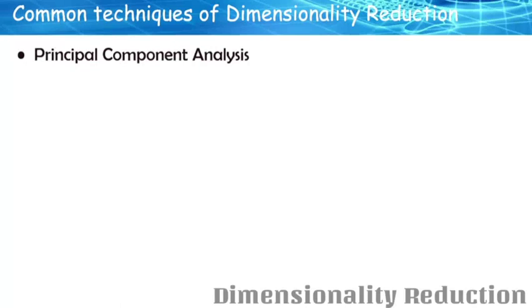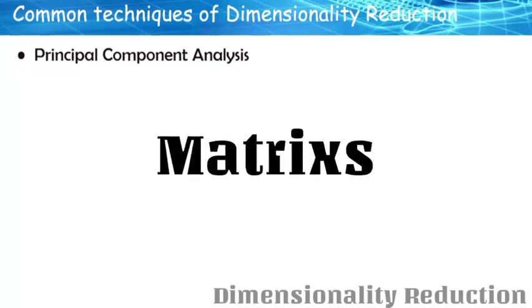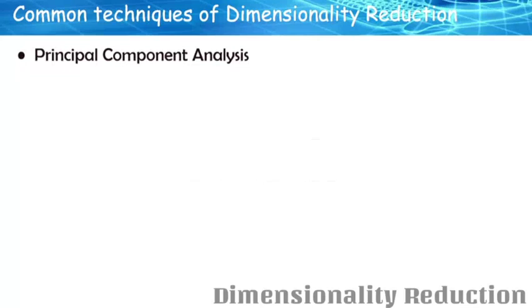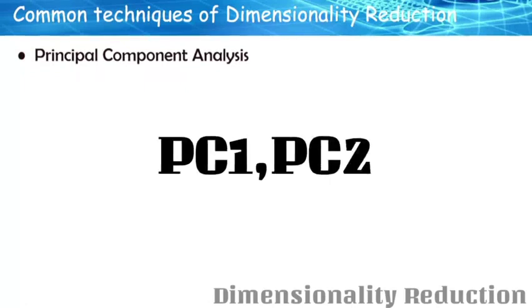Again, if you are not familiar with orthogonal transformation, I think you have to go back and check with respect to matrices, working on matrices. There is something known as orthogonal transformation, and these new transformed features are called principal components. So the final features we get will be named principal component 1, principal component 2, so it's like PC1, PC2, PC3.